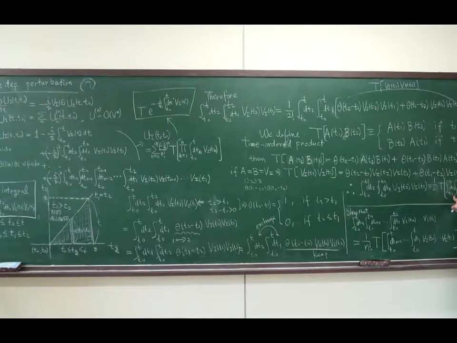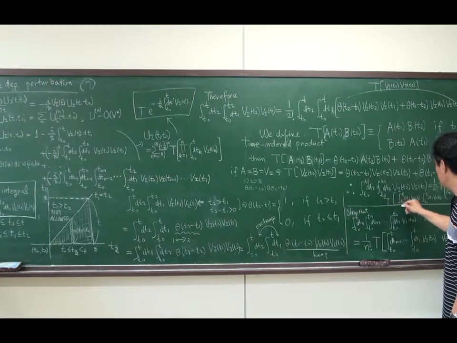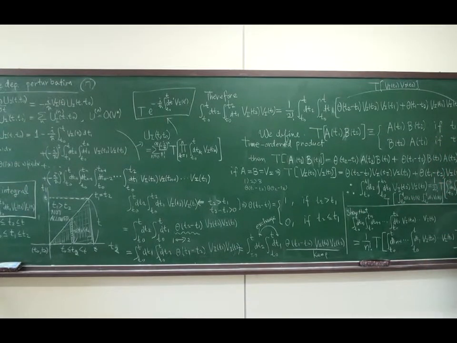And then this can even be simplified: the integral from t0 to t of dt1, dt2, V_I(T1) V_I(T2), and I have the time-ordered product outside.